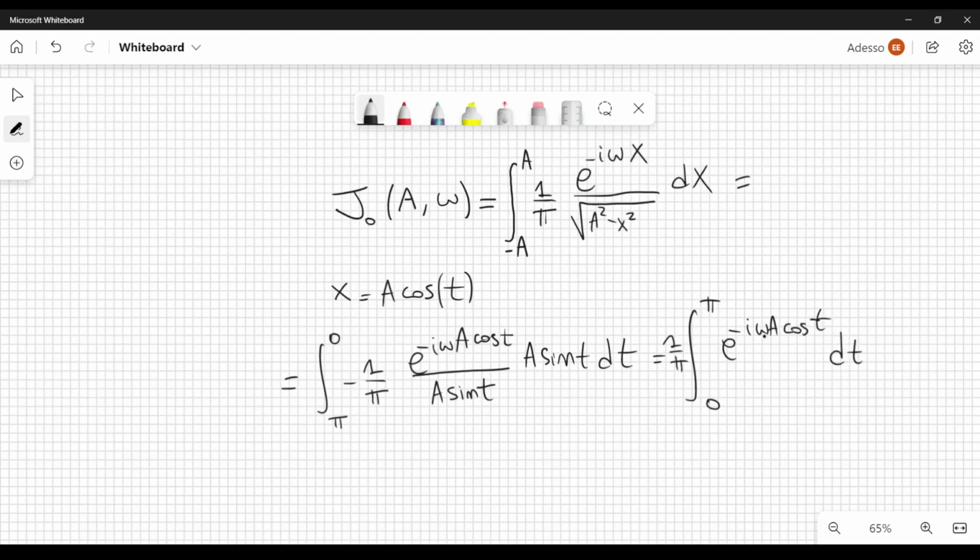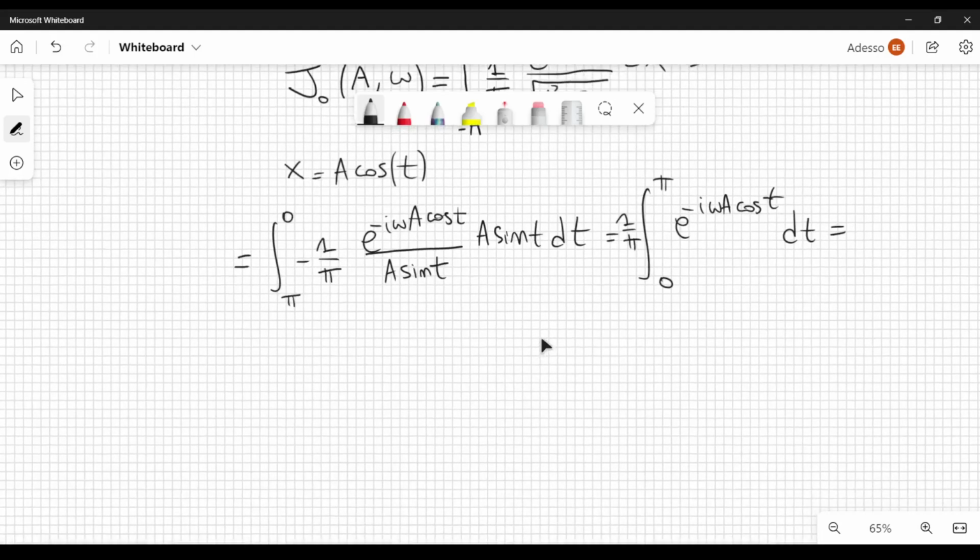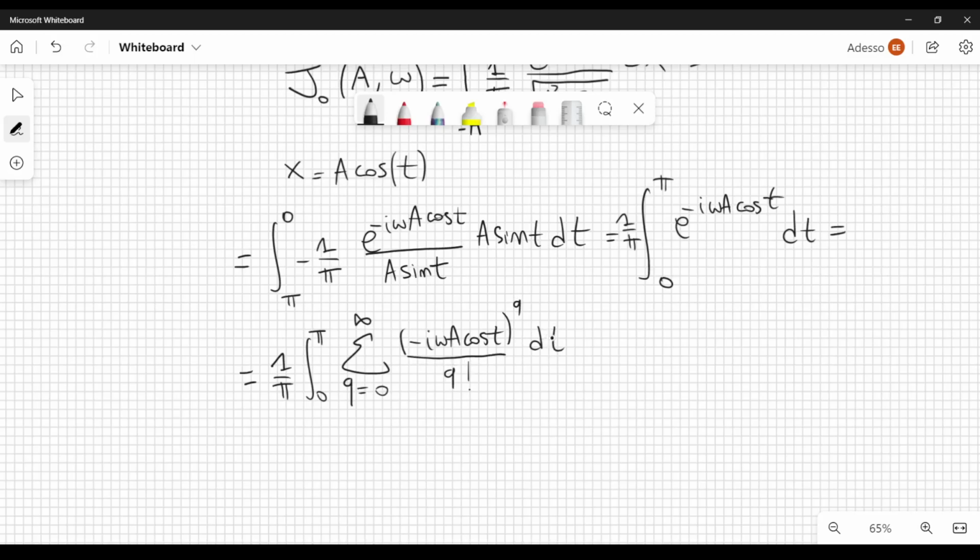Now we are going to expand the complex exponential, so we can rewrite that by using a series representation of the complex exponential. So I can rewrite this as 1 over pi integral from 0 to pi, summation over some integer q from 0 to infinity, of minus I omega a cosine t to the power q divided by q factorial dt.